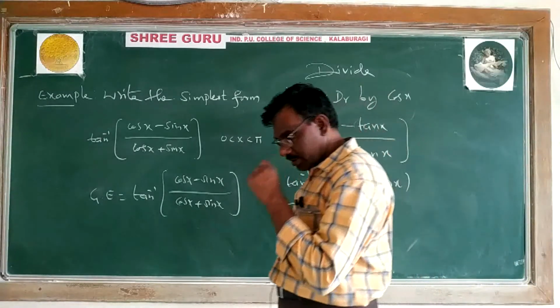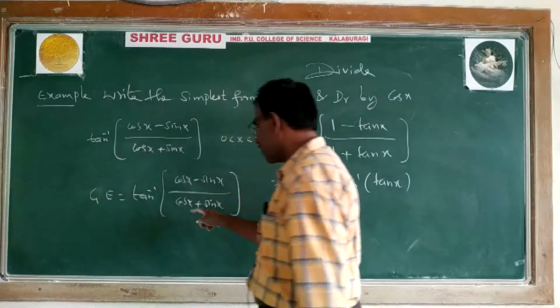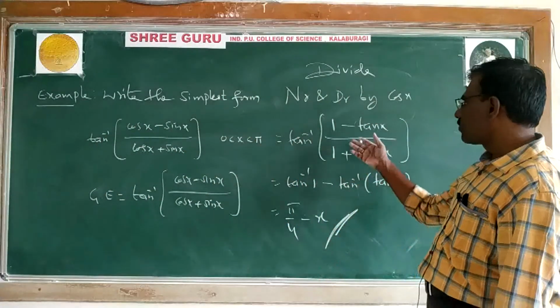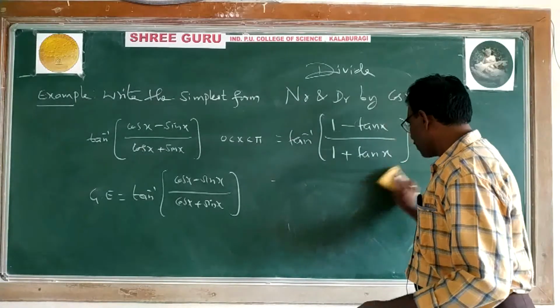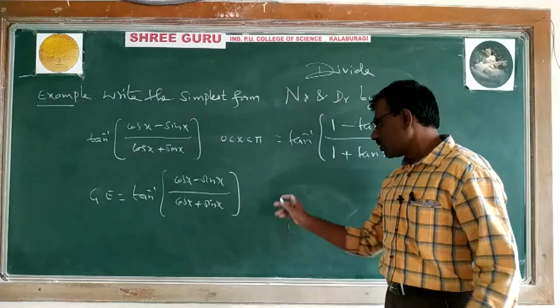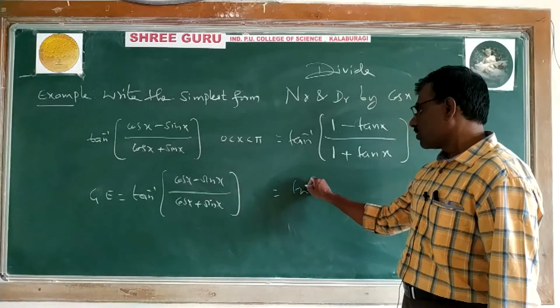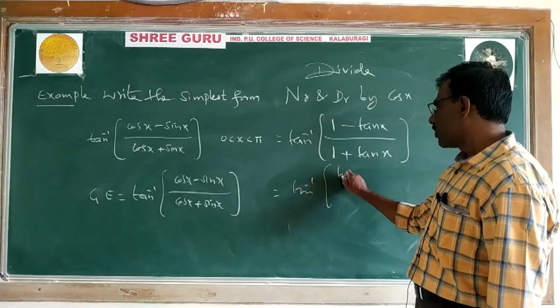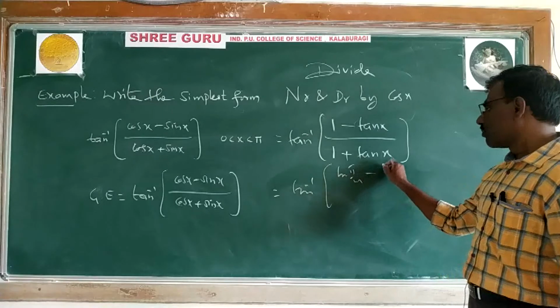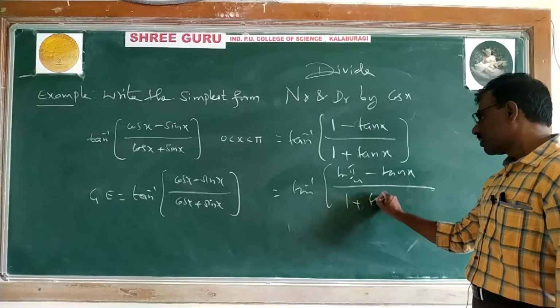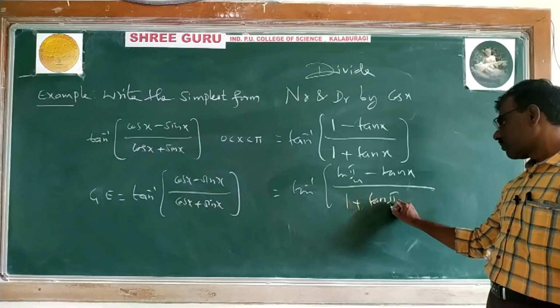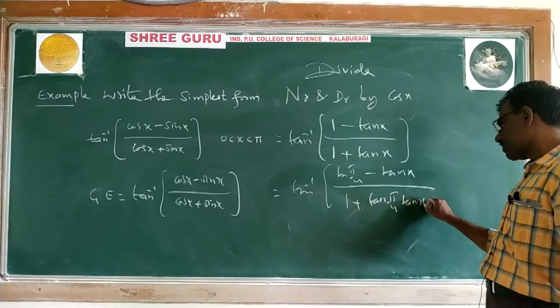So here I am dividing by cos x only. So you will get 1 minus tan x by 1 plus tan x. Even if you are not taking the formula, no? Tan inverse of, if you go, write tan pi by 4 minus tan x by 1 plus tan pi by 4 into tan x.